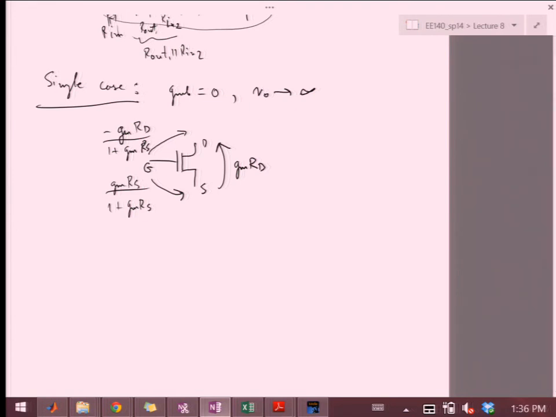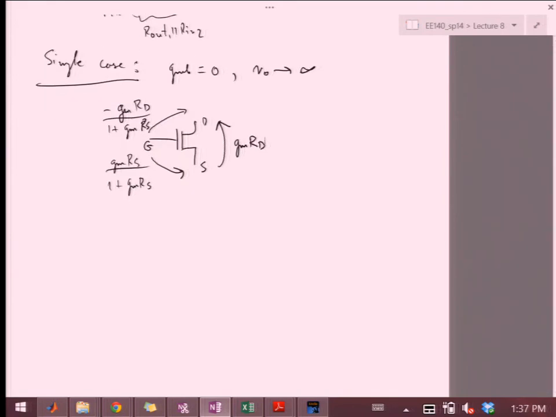Obviously, if I was going from a real source over here that had some finite impedance, I would have to include that first voltage divider between RS and any input resistance into the FET. And so then we will have Rin over RS plus Rin, times GMRD.